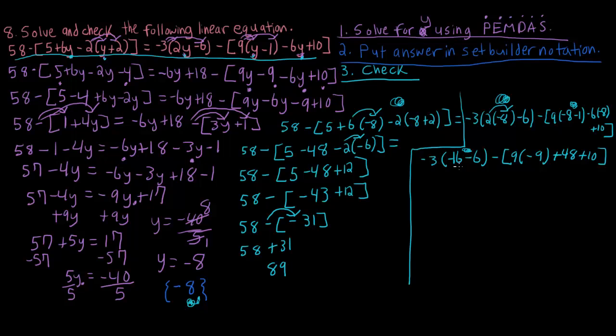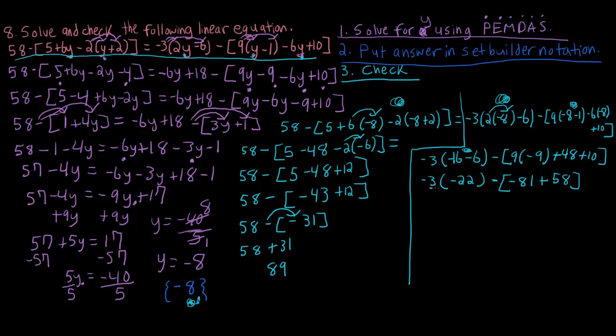We can deal with inside the parentheses first, so negative 3, then we have negative 16 minus 6, that's going to give us negative 22, and then minus, alright, so inside the brackets we have 9 times a negative 9, which is negative 81, plus 48 plus 10, 48 plus 10 is 58.